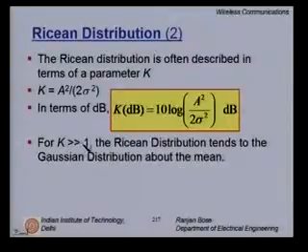Now, for k much greater than 1, when the signal in the dominant component is much stronger than the other components, then the Rician distribution tends to the Gaussian distribution about the mean. Fine.